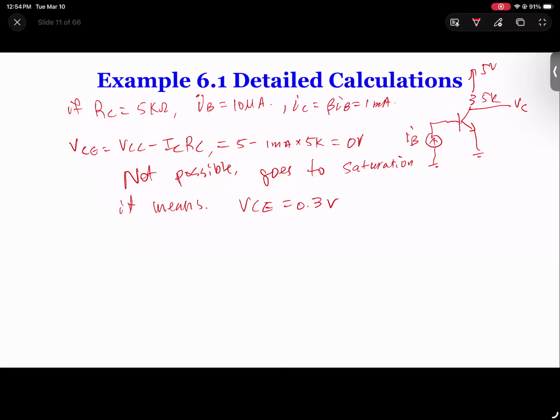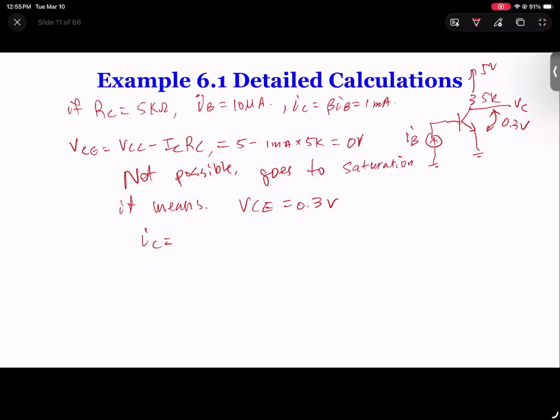So if we use 0.3, now IC is going to change, because if you look at the circuit here, we know the top is 5 volts, and we know the bottom, and so we know how much voltage drop is on the resistor. It's the voltage difference between 5 and 0.3.